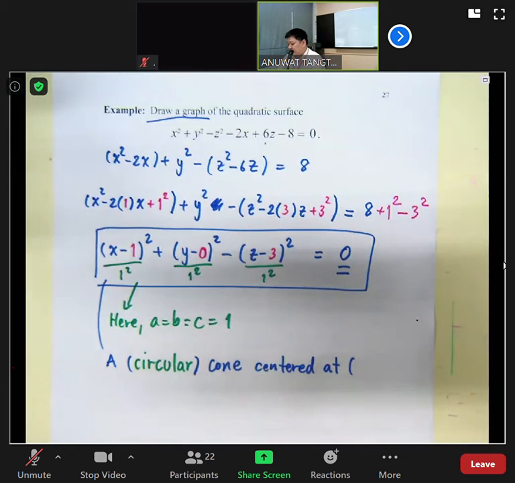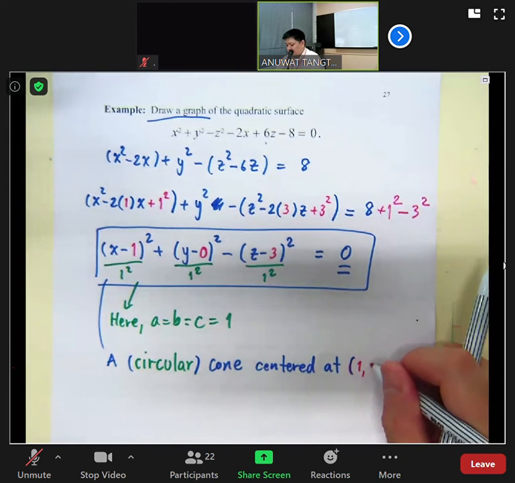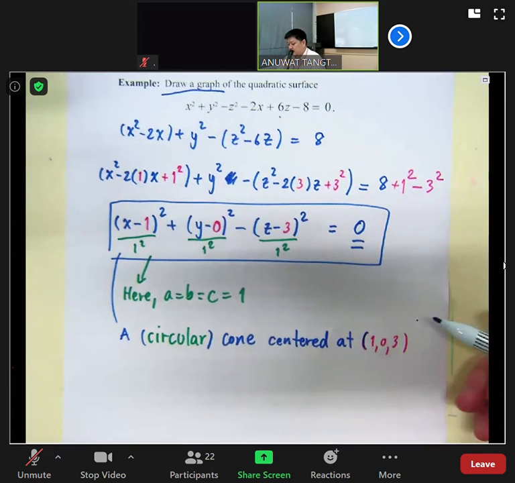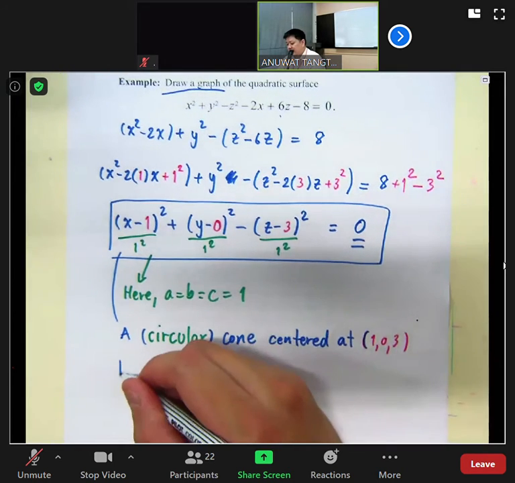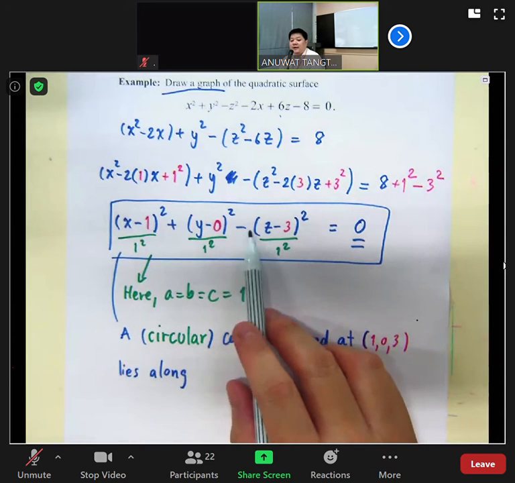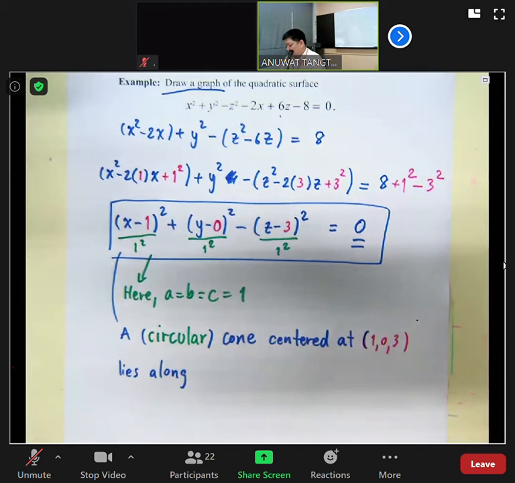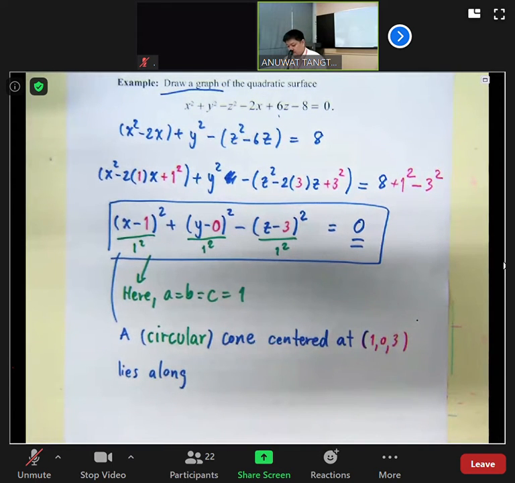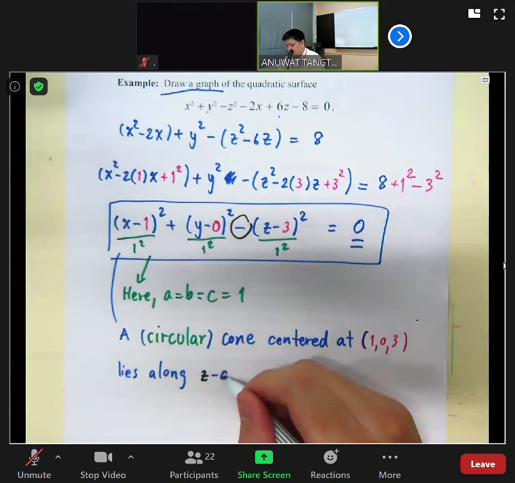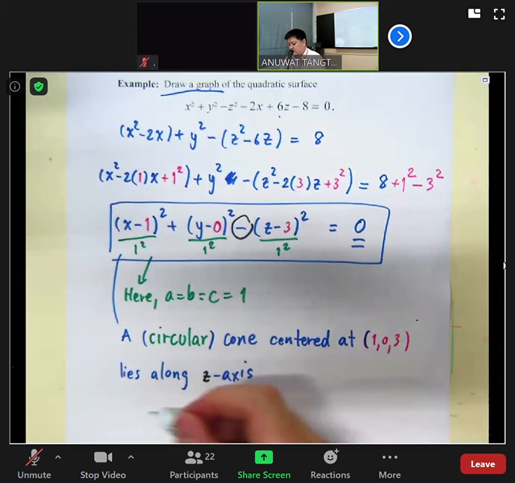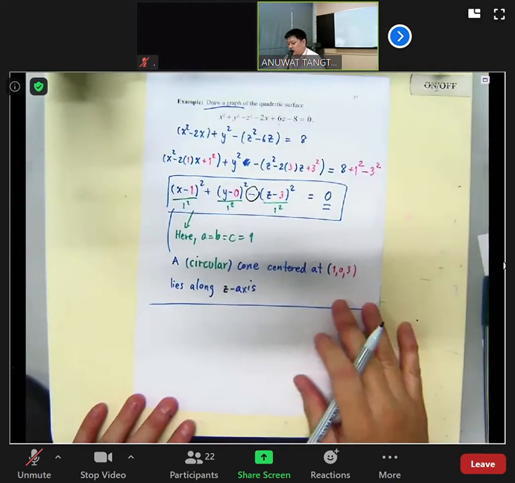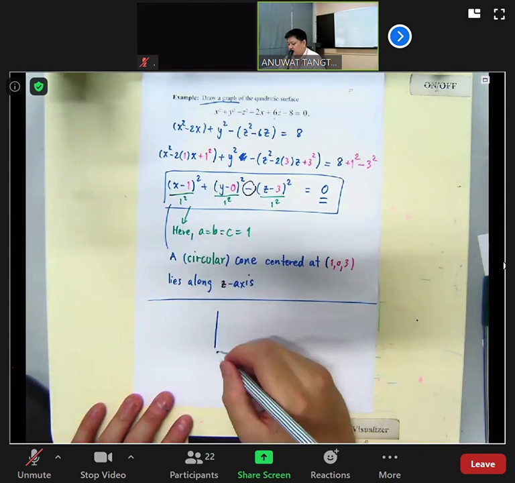the new center becomes 1, 0, 3. Okay, and lies along what? Since there is a negative sign in front of z, this lies along the z-axis. They want you to draw, so no problems.